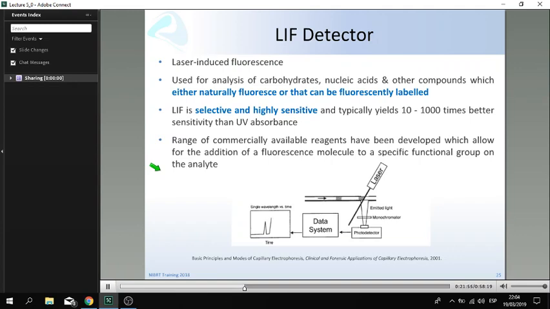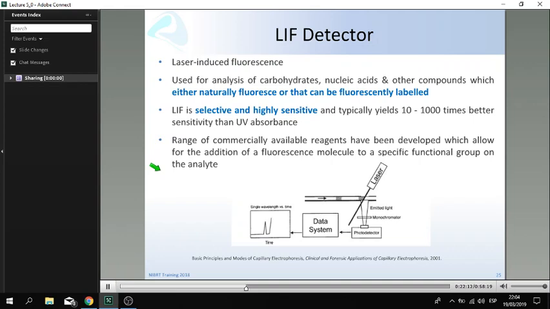You can add a fluorescent dye to them and then use this method to detect them. LIF is really selective, highly sensitive, and typically yields 10 to 1,000 times better sensitivity than UV absorbance.